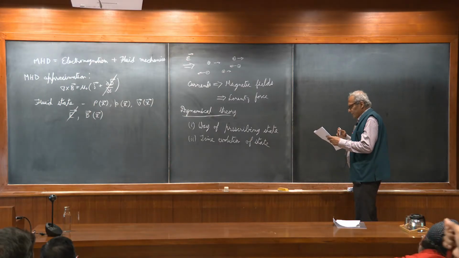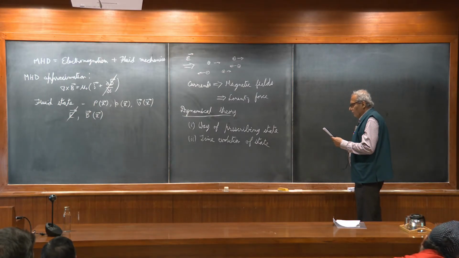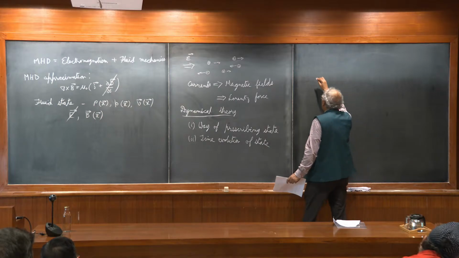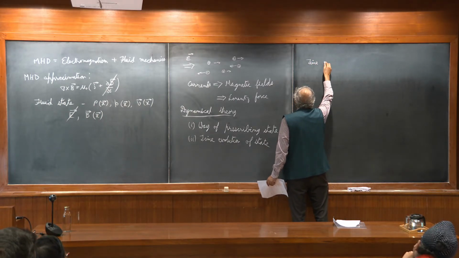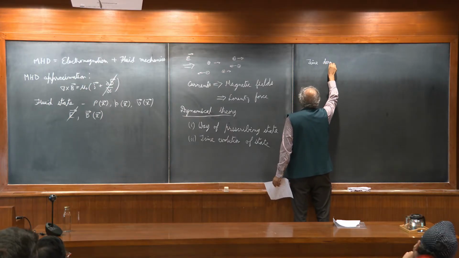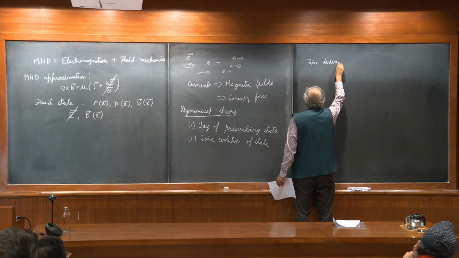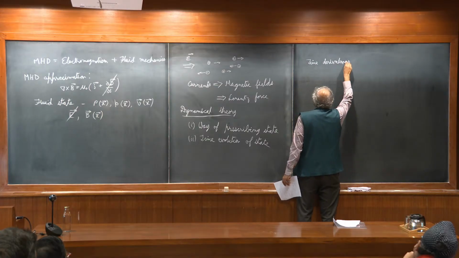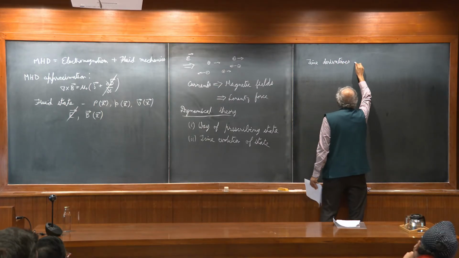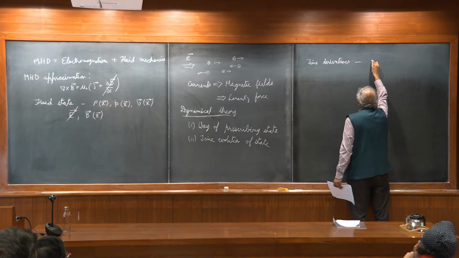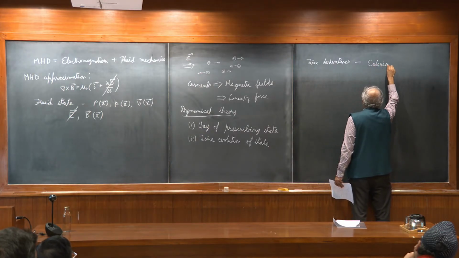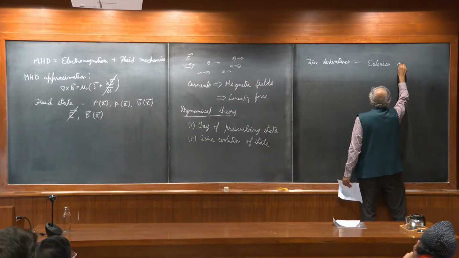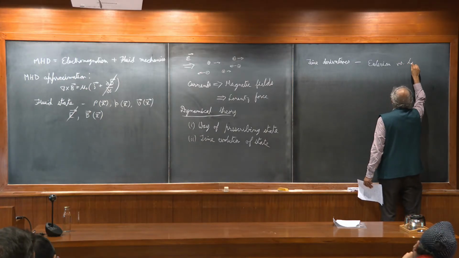But since it appears that some of you don't know these things, it's better to discuss this. So we are now considering time derivatives, and in fluid mechanics or MHD we can discuss two kinds of time derivatives which are called Eulerian versus Lagrangian.